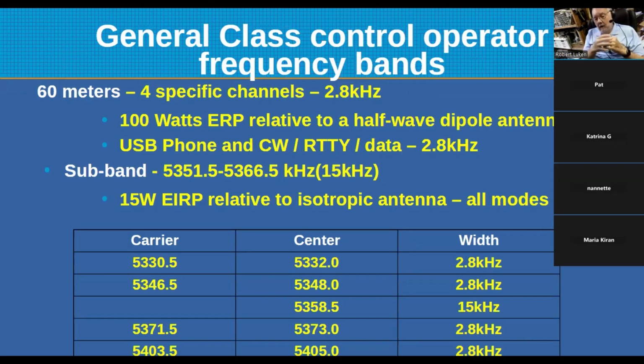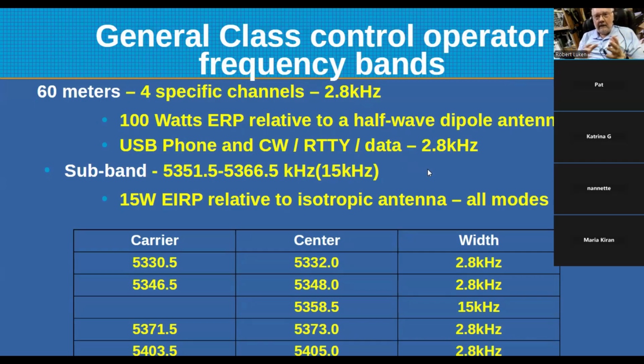If you had a higher gain antenna, then you'd have to reduce the power in to maintain the 100 watts effective. So if your antenna had 3 dB more gain than a half-wave dipole, you'd have to operate at 50 watts because 3 dB is twice as much, which hopefully you remember from the technician, because we'll talk about dBs later on in a few weeks.